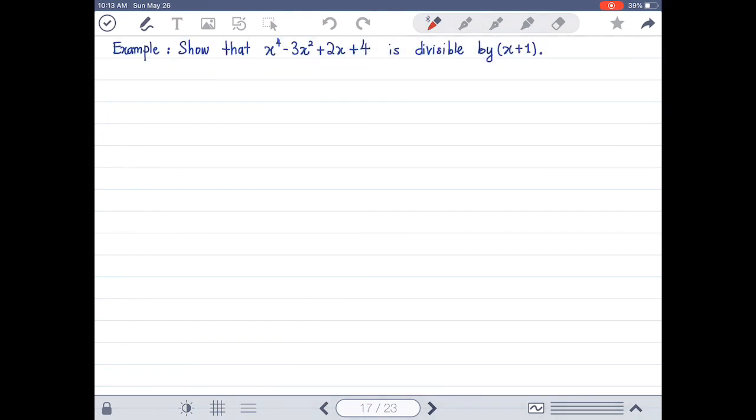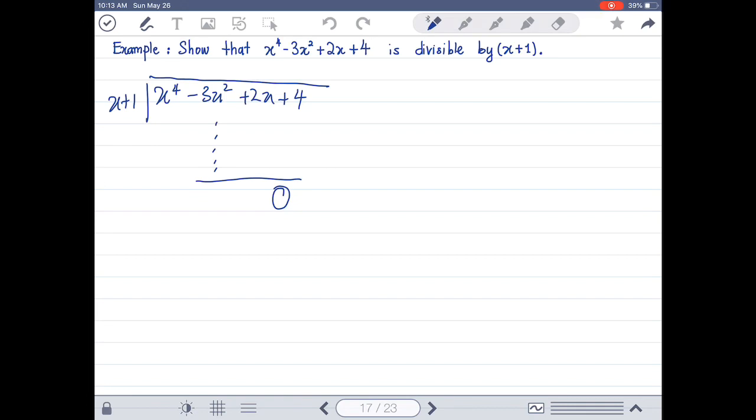Let's have a look. Show that x to the power of 4 minus 3x squared plus 2x plus 4 is divisible by x plus 1, which means that we need to show that when we divide x to the power of 4 minus 3x squared plus 2x plus 4 by x plus 1 using long division, the remainder will be 0.